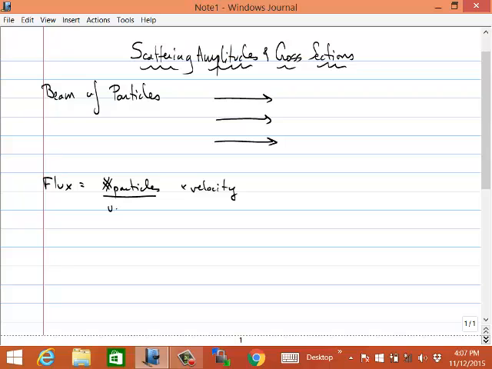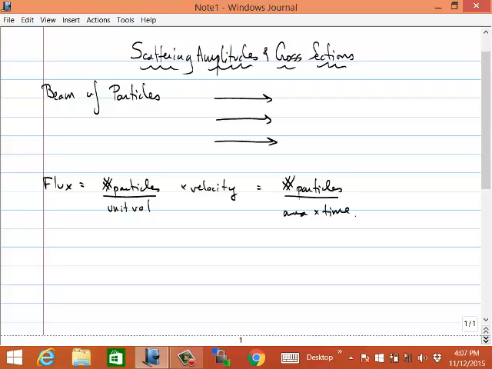So this would be the number of particles per unit volume, so the density of particles, times the velocity at which those particles are traveling. And this is really, if you think about it, the number of particles that you see passing through a particular area per unit time. Okay.